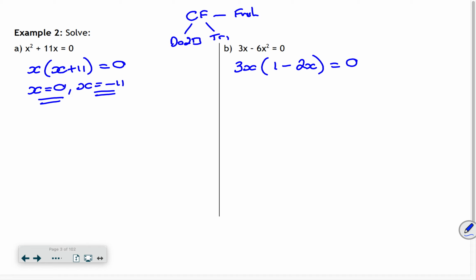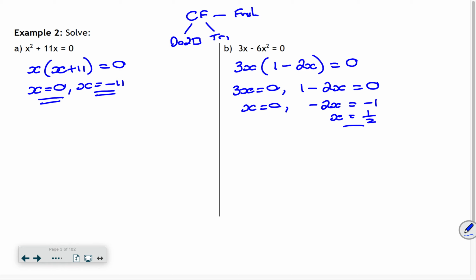So that means that either 3x is equal to 0 or 1 minus 2x is equal to 0. So x has to be 0, and minus 2x is equal to minus 1. So x has to be a half. And that's the solutions.